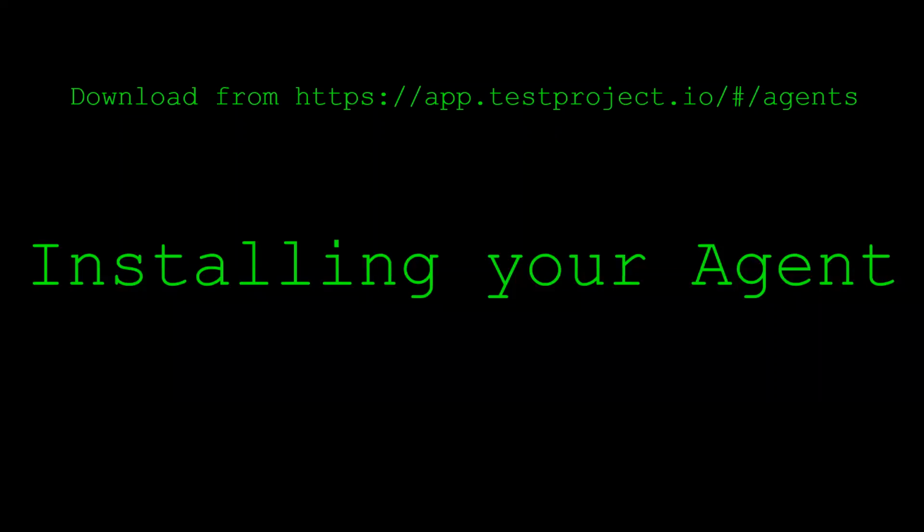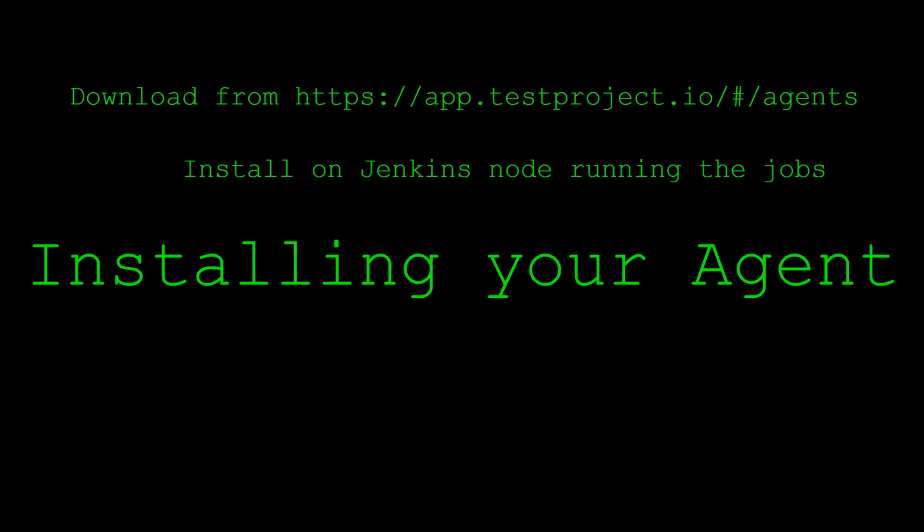Either you can do a local installation, which means you download an agent from the TestProject website, and then install it on, for example, a Jenkins node that's running the jobs. That's also what I'm going to be doing today. I use a local installation, the same agent that you just saw performing the test showing the new features. So I'm using an agent that's running locally.